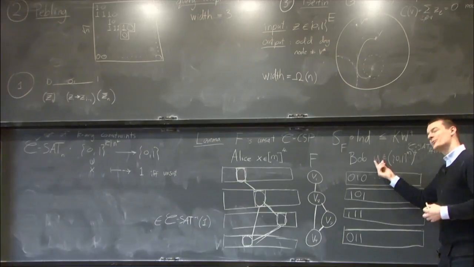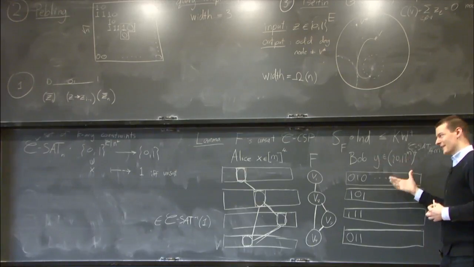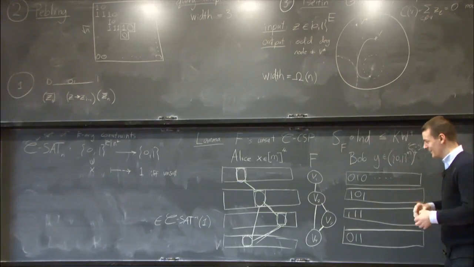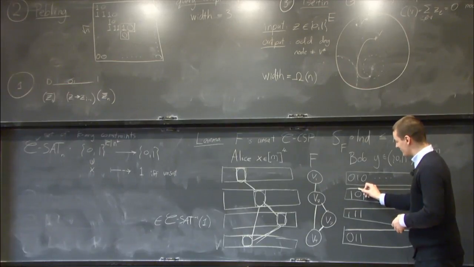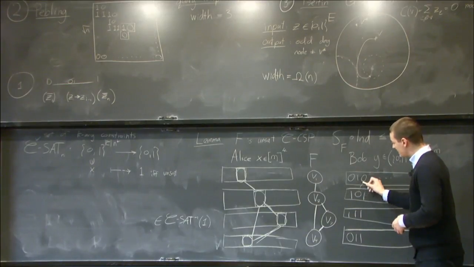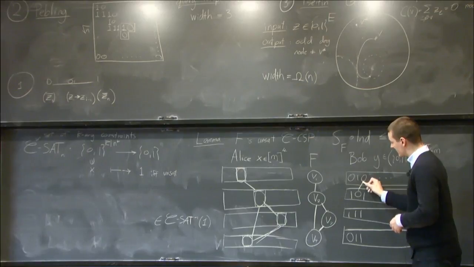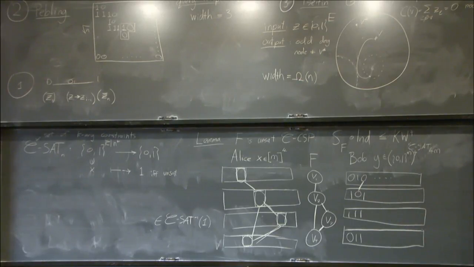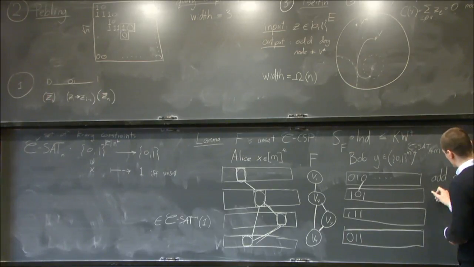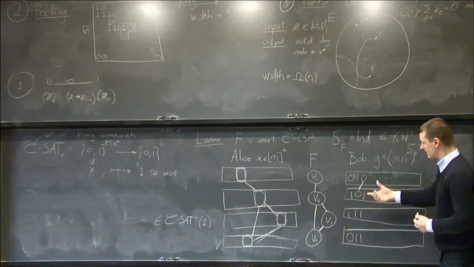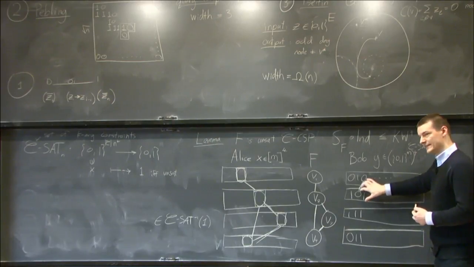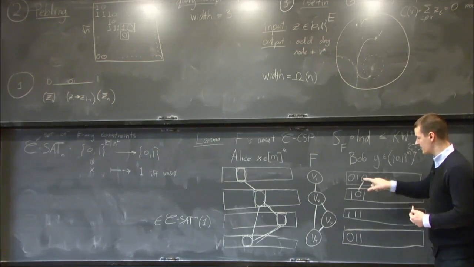Well, we interpret Bob's input here as an assignment to the new variables. So for each binary constraint, I add it to Bob's system of constraints. I add all such things as long as the constraint is satisfied by Bob's assignment.